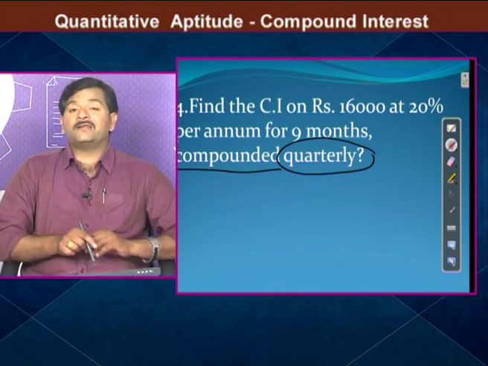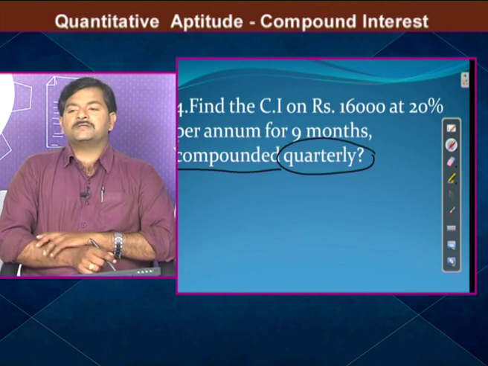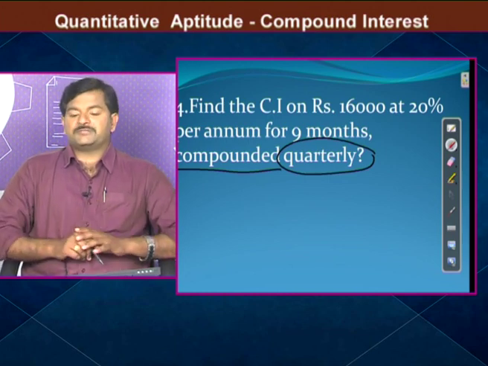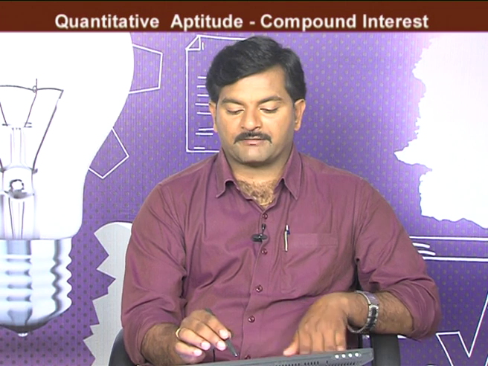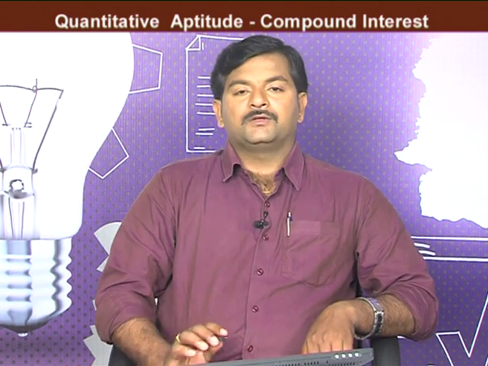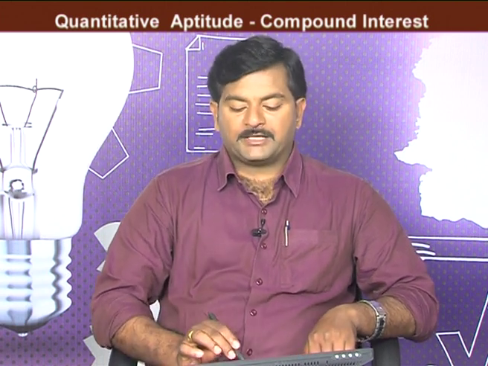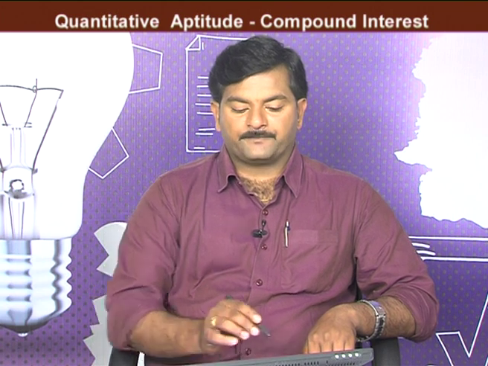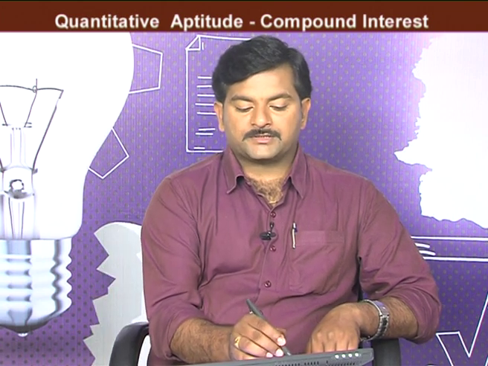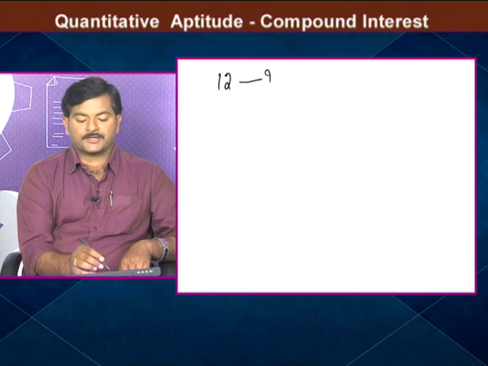He gave the yearly rate of interest, that is the 12 months rate of interest. So how much yearly did he give? 20%. For 12 months the rate of interest is 20.